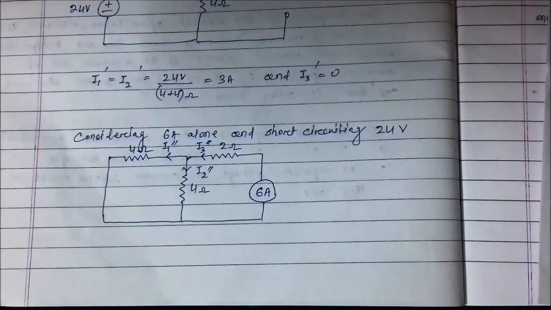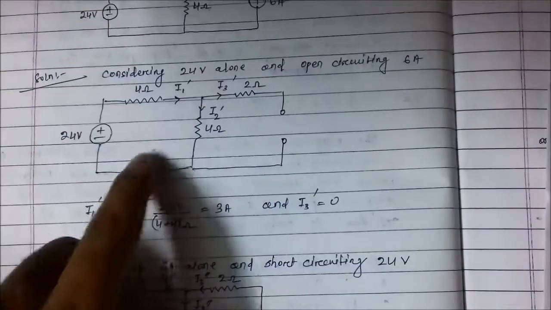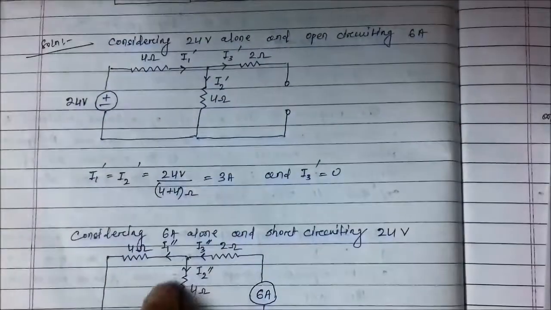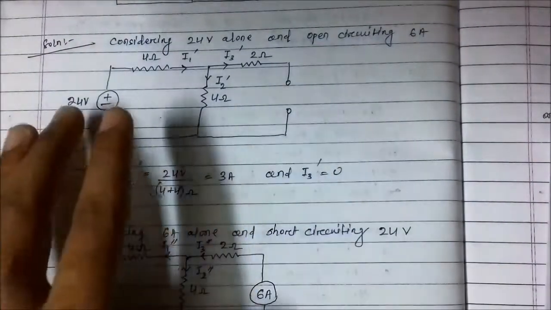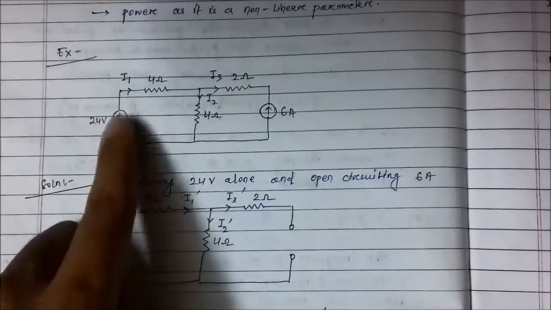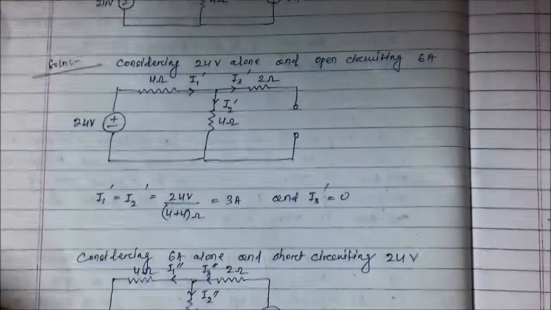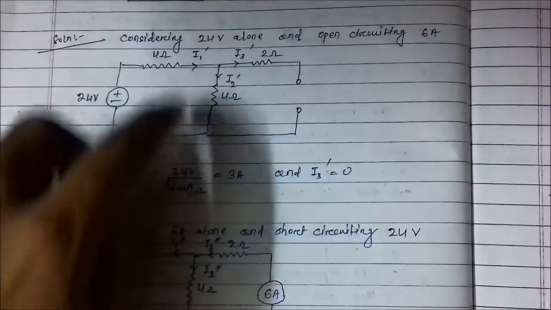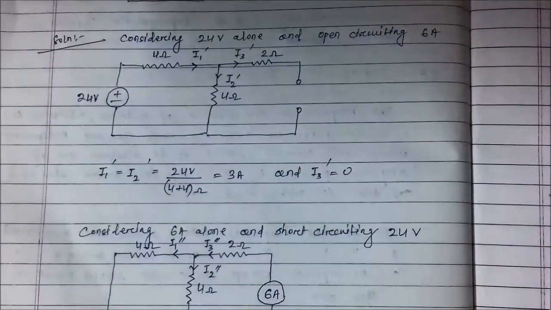So the theorem states that I1 is equal to I1 dash plus I1 double dash. The response produced here, which is I1, will be the same as the sum of these two currents. That is the superposition theorem.